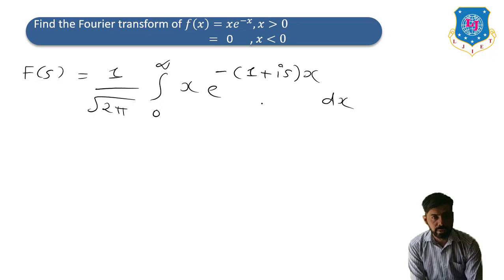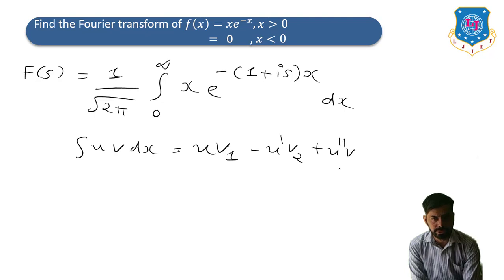Now here using Bernoulli's formula, that is integration u v dx is equal to u v1 minus u dash v2 plus u double dash v3 minus and so on. Now here v1 is integration of v and u dash is derivative of u. Same way u double dash is derivative of u dash. Okay, and v1 is integration of v, v2 is integration of v1, v3 is integration of v2.